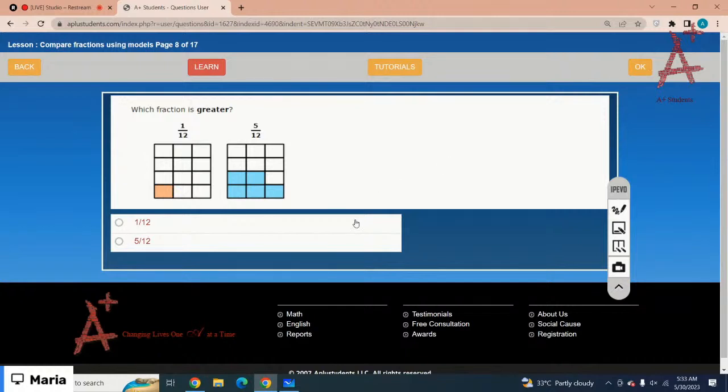Yes, very good. 5 over 12 is greater than 1 over 12.